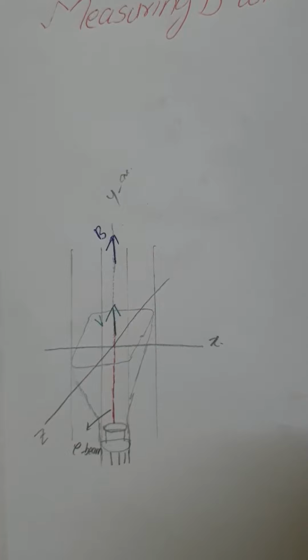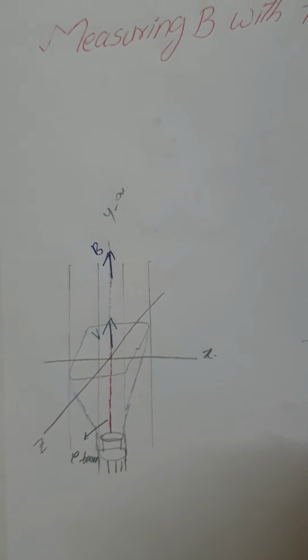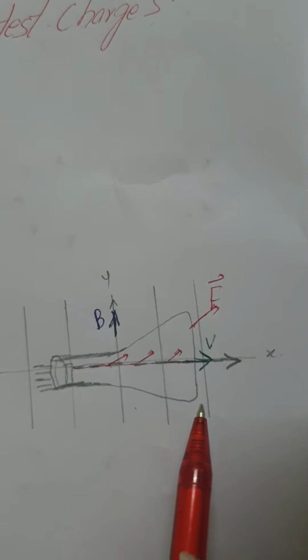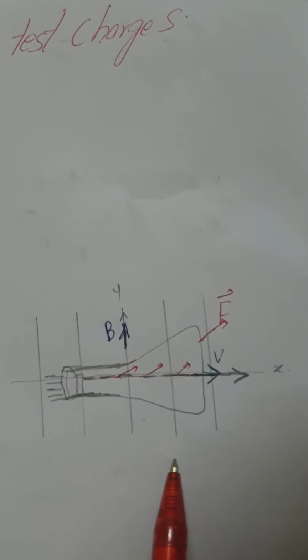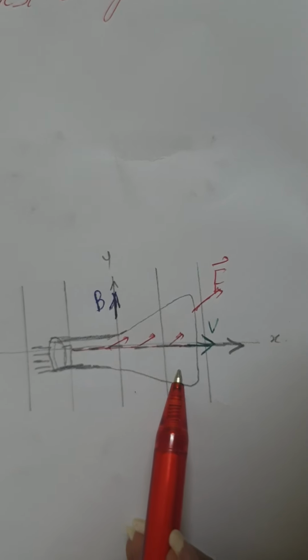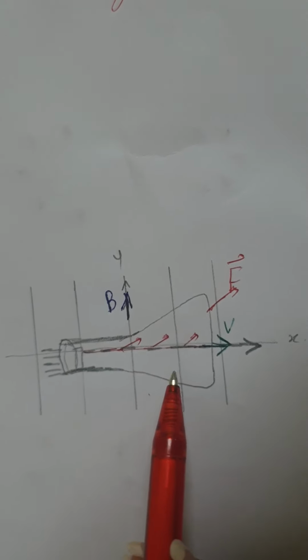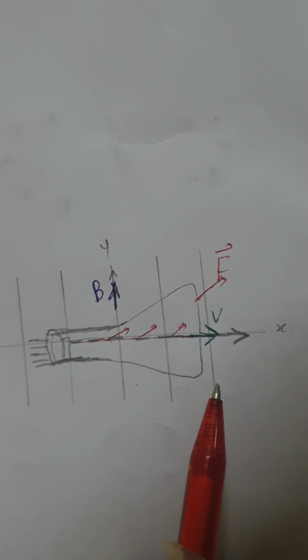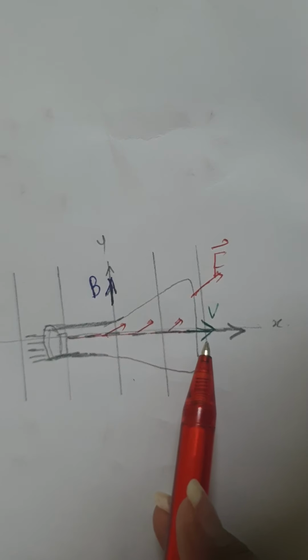Now let's consider this case. If we turn the tube to 90 degrees, now the angle phi is pi by 2, and the magnetic force is maximum in this case because the beam is deflected in a direction perpendicular to the plane of B and v.